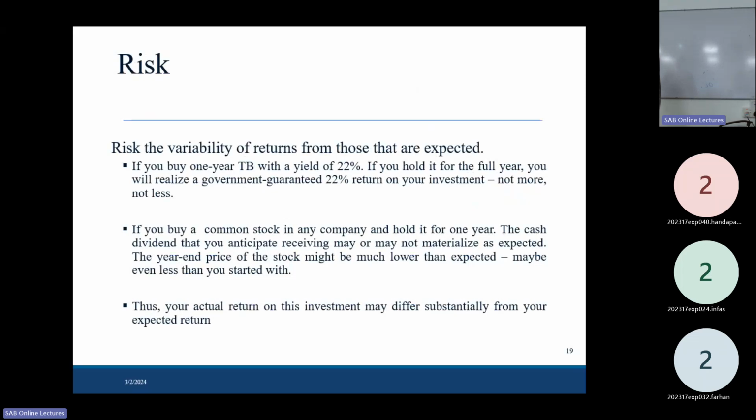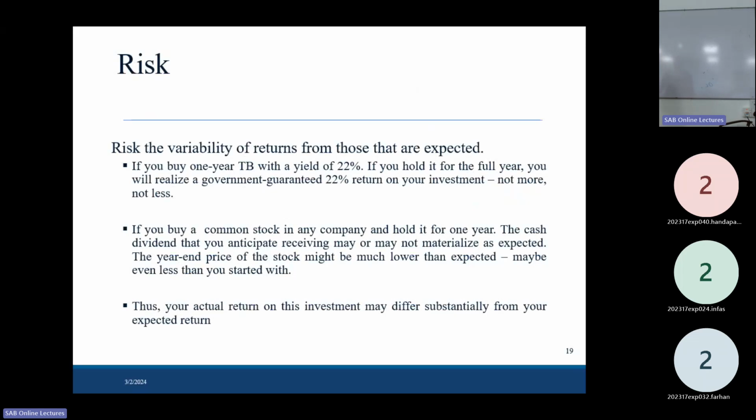In order to go to portfolio, from an individual asset, now we should know how to calculate the risk. Risk is the variability of returns from those that are expected. Uncertainty about the return, even though you expect a dividend of 5 rupees, ending price like this, these expected returns can vary. So that is the risk.